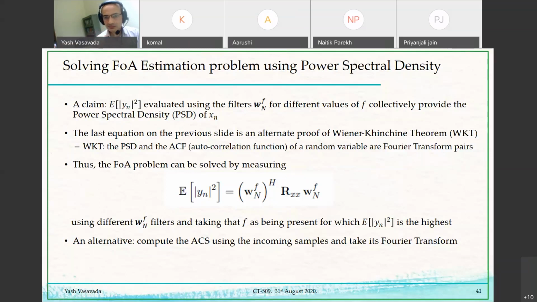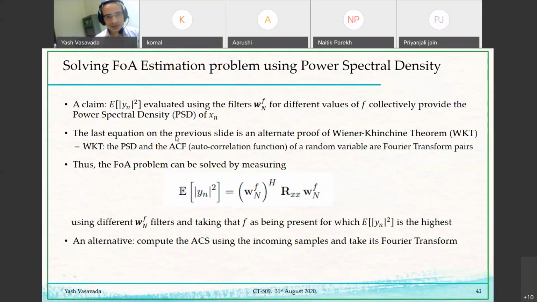Anyone? Komal, what do you think? We are saying there are two alternatives.